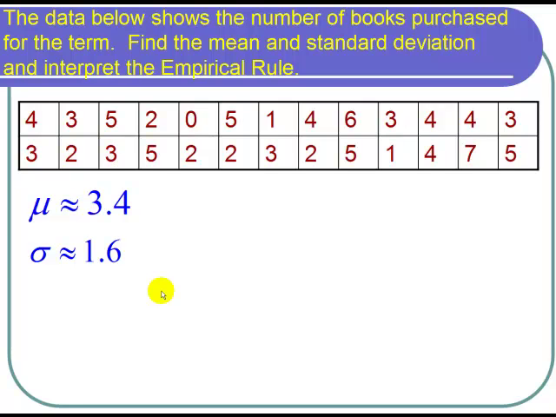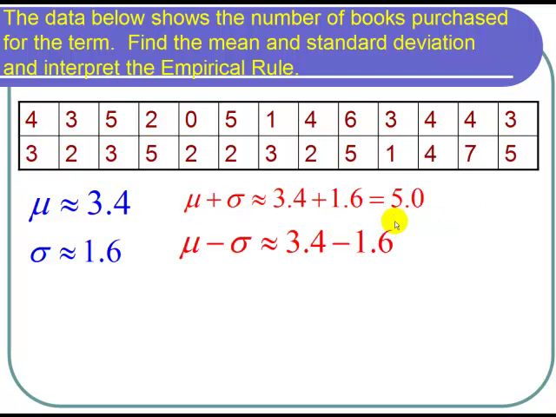That means I add a standard deviation and I subtract a standard deviation. So mu plus sigma is 3.4 plus 1.6, and that's 5.0. And then if I subtract a standard deviation, mu minus sigma is about 3.4 minus 1.6.